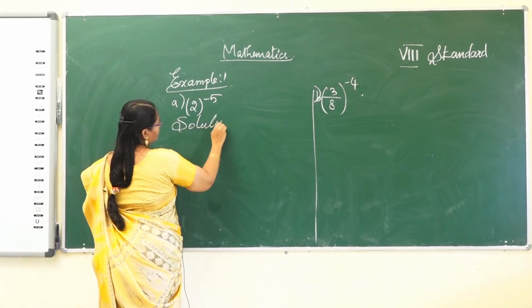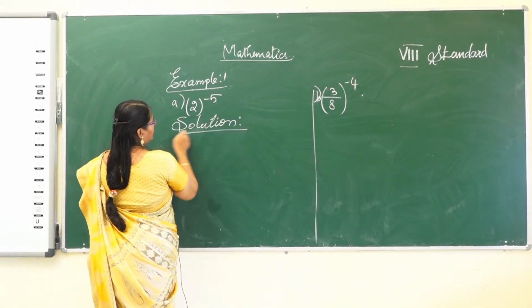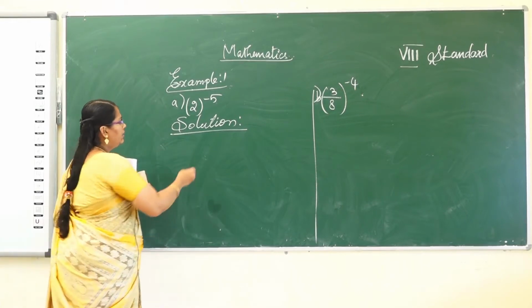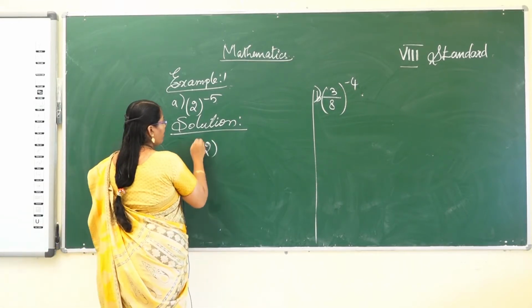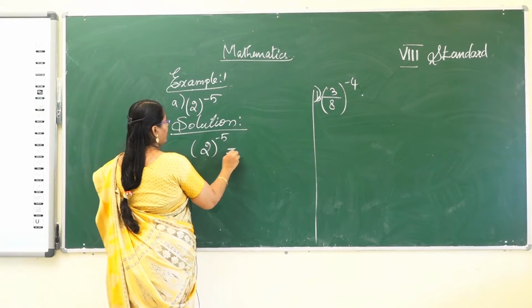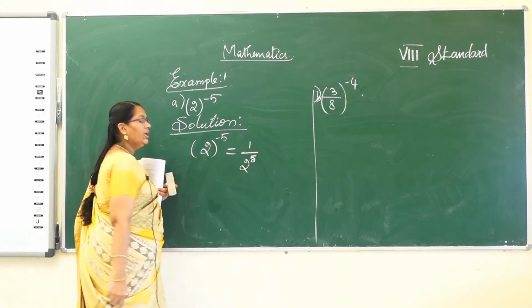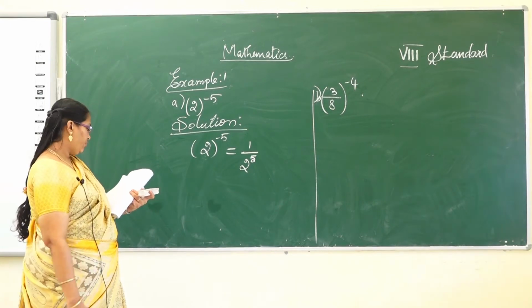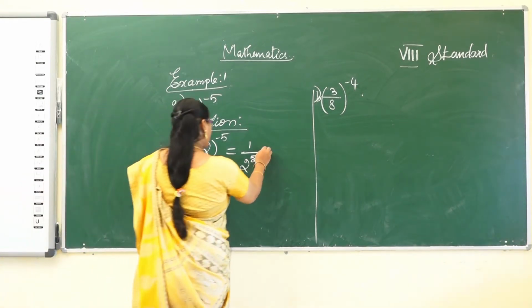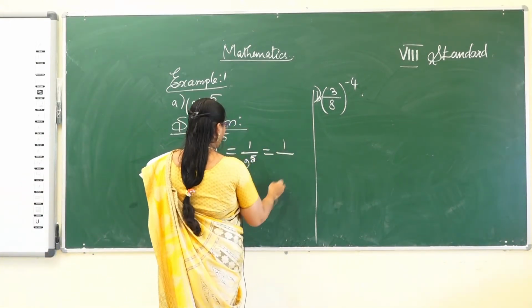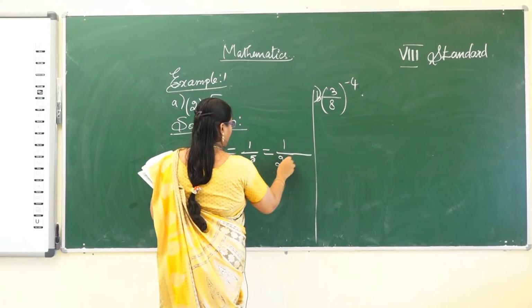So write in positive value. 2 power minus 5 can be written as 1 by 2 power 5.